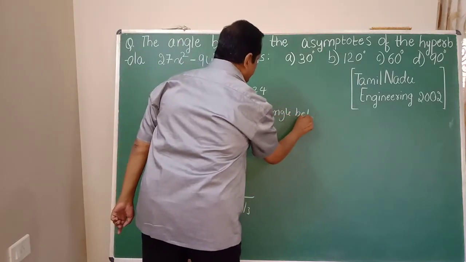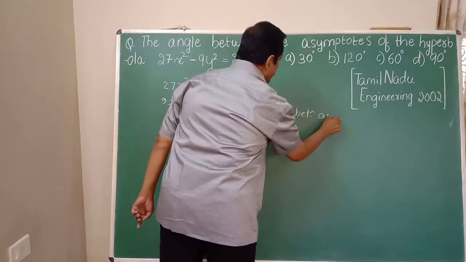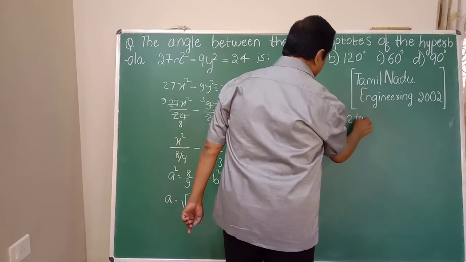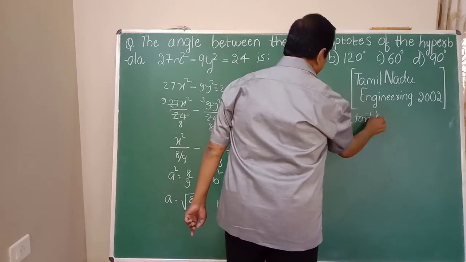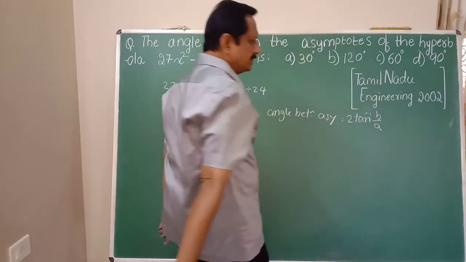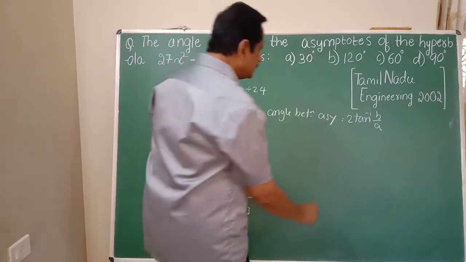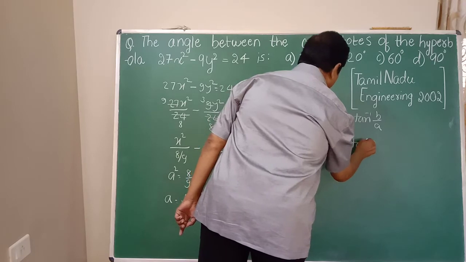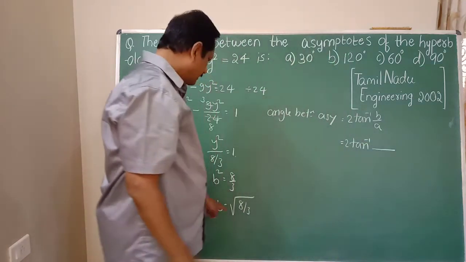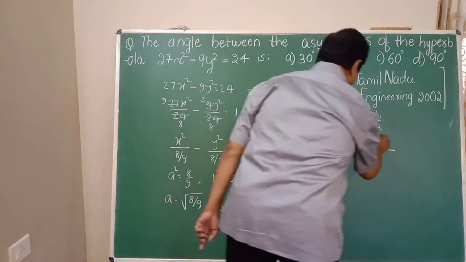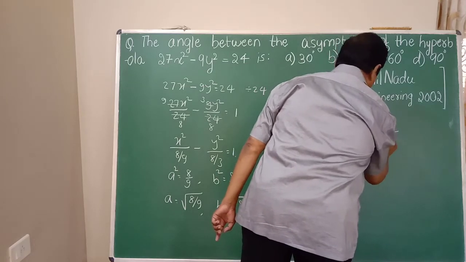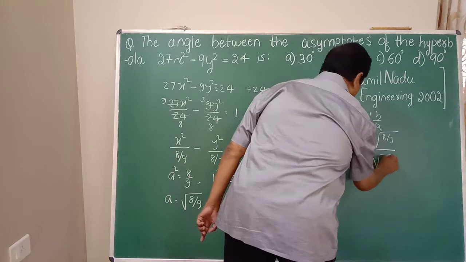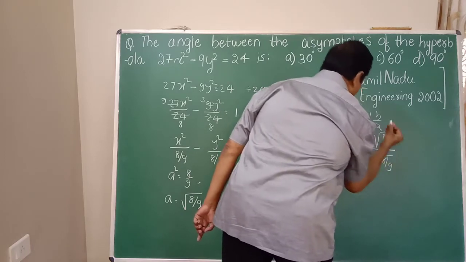is equal to the formula 2 tan inverse of b divided by a. Hence this is equal to 2 into tan inverse of, here b is root of 8 upon 3 and a is root of 8 divided by 9.